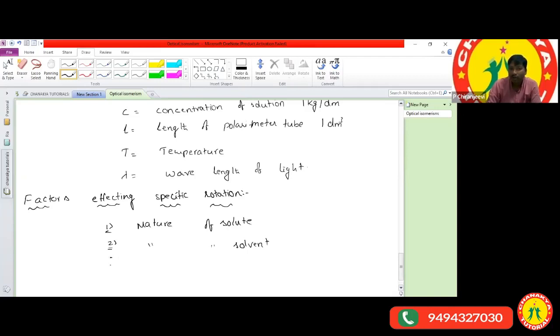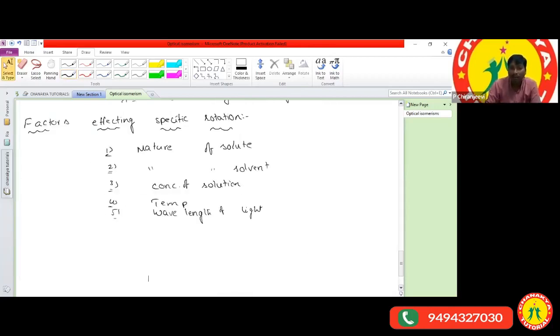Third is the concentration of the solution. Fourth is temperature, fifth is the wavelength of light, and the last one is the length of the polarimeter tube.